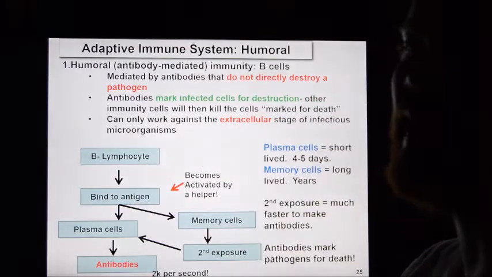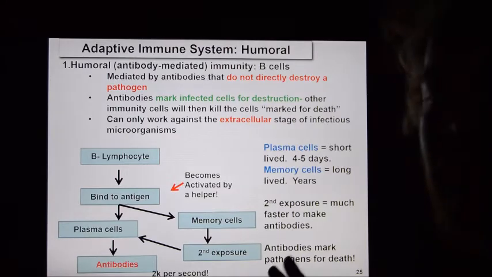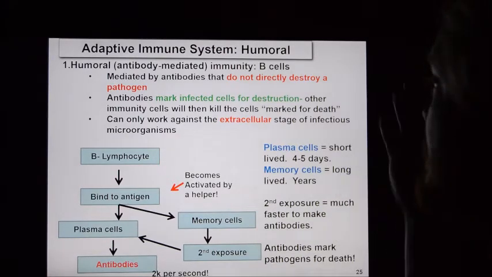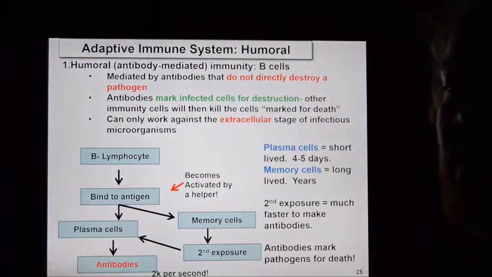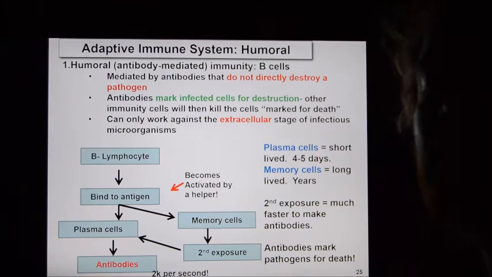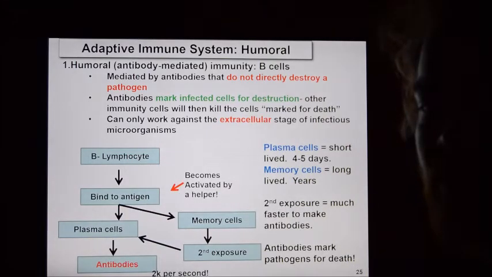So imagine I am a pathogenic cell. I have pathogenic antigens on my exterior surface. It is clear that I'm a bad guy. B cells will release antibodies that put targets on every bad antigen they find. So it'll put a big old target on me, and then other white blood cells are able to see the target, know that's one to be destroyed, and go knock it out.